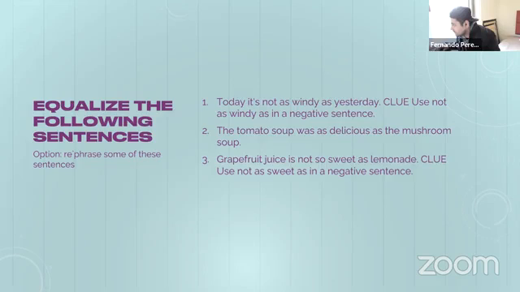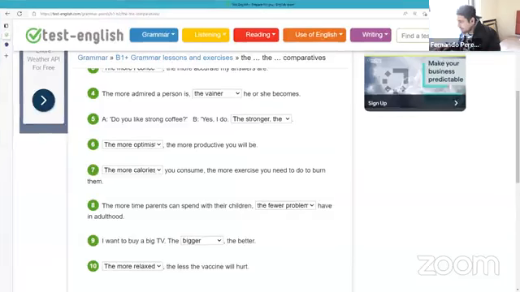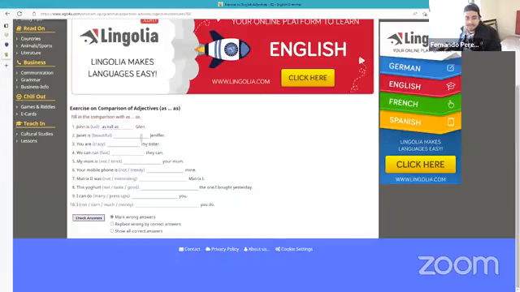Just a second. Perfect. I found another one because I don't know what happened to that one. Let's do this one better.